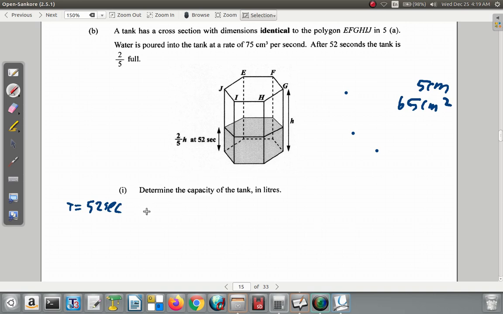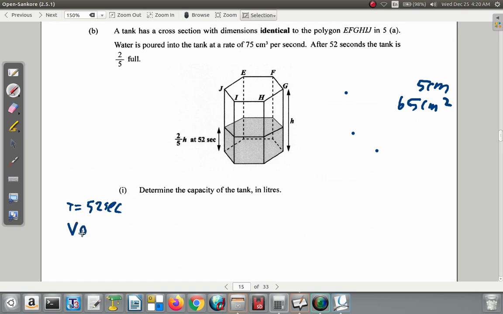So what you do, you can find the number of centimeter cubes that are added after 52 seconds.